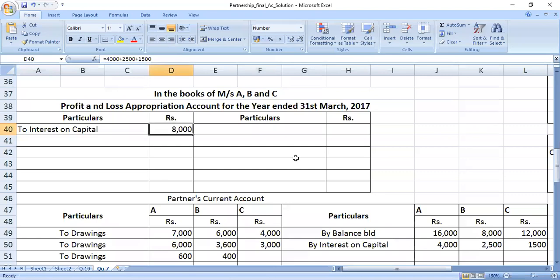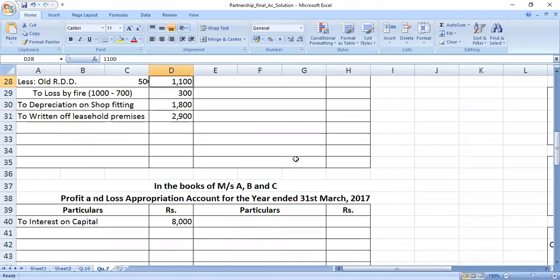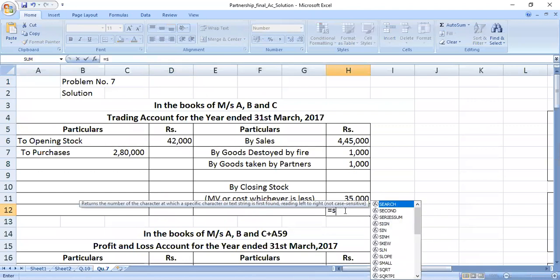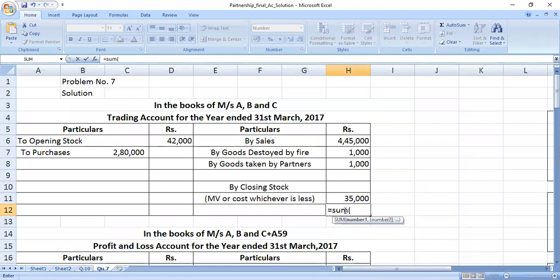Now friends, what we have to do? Now we have to close the trading account first. So first of all, you have to close the credit side and find out the total of the credit side.